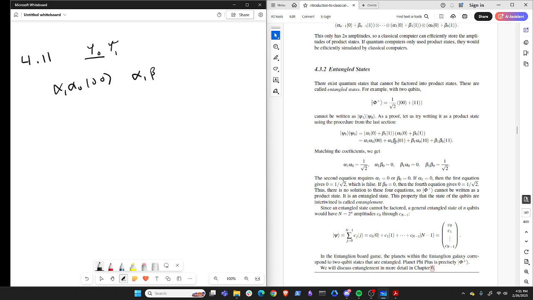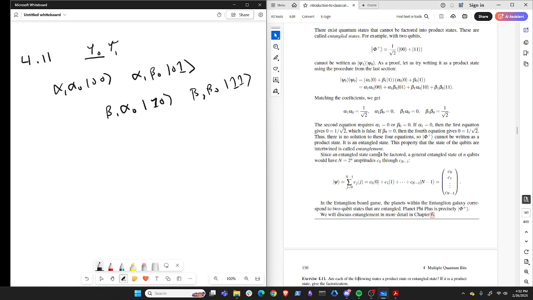Alpha sub 1, beta 0 for state 0, 1. Beta sub 1, alpha 0 for state 1, 0. And beta 1, beta 0 for state 1, 1. So our goal is to isolate and solve for these values based on what we have with our existing superposition.